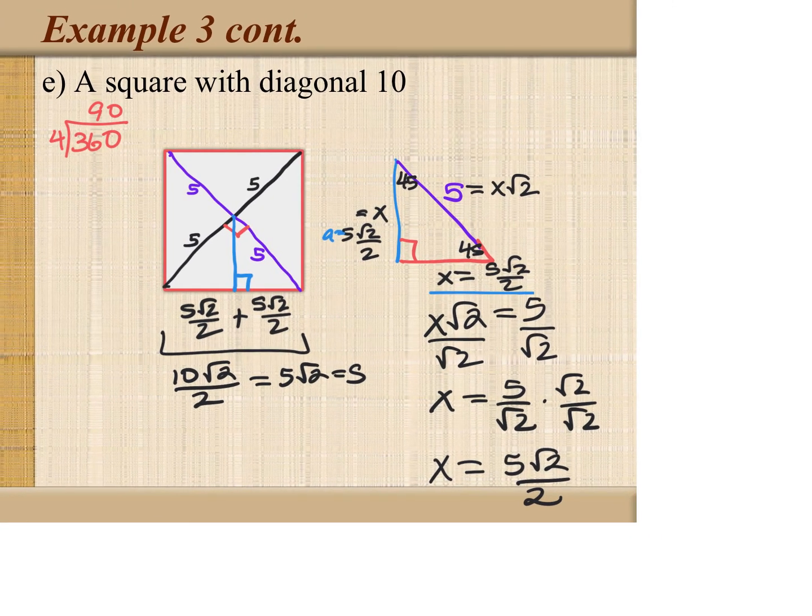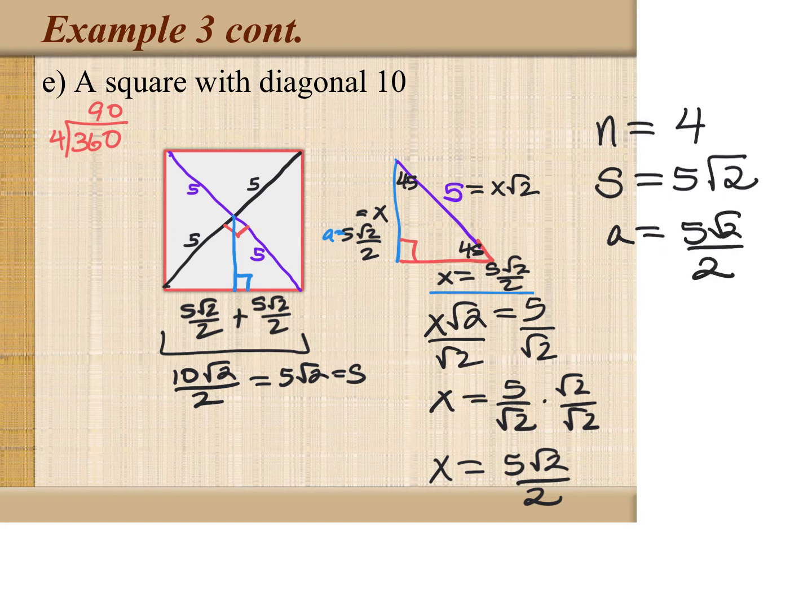So now I have my n value, it's a square, it's 4. My side length is 5 square root 2. My apothem is 5 square root 2 divided by 2. I'm going to show you how to calculate the area of this square two ways. We're going to use the formula that we learned back in elementary school.